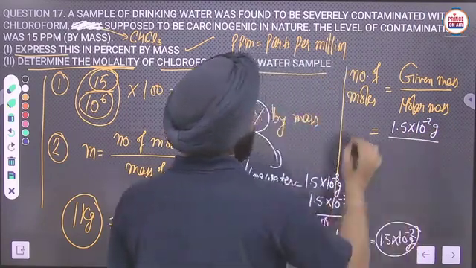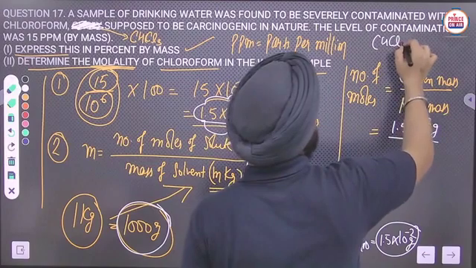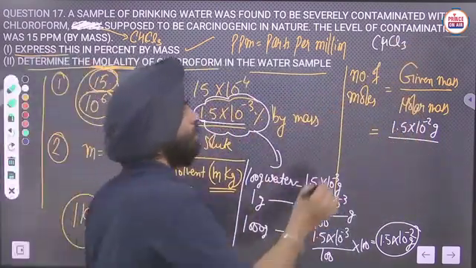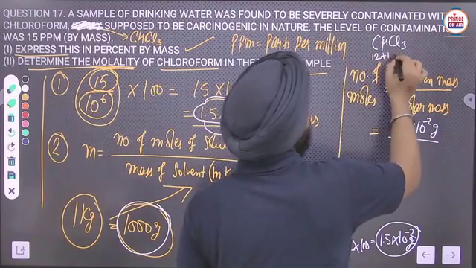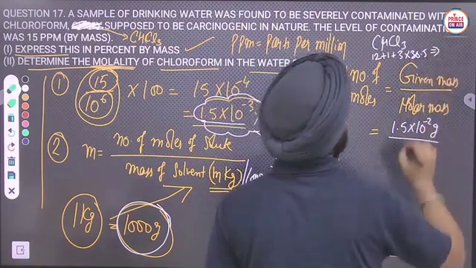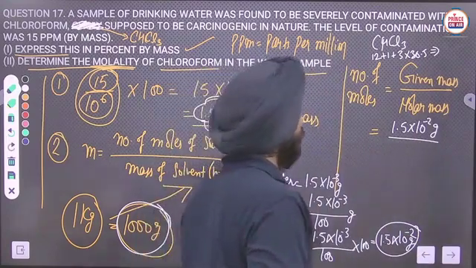Okay, molar mass of CHCl3. Calculate the molar mass of this, that is 12 plus 1 plus 3 into 35.5. It will come out to be nearby 154.5, I think so.